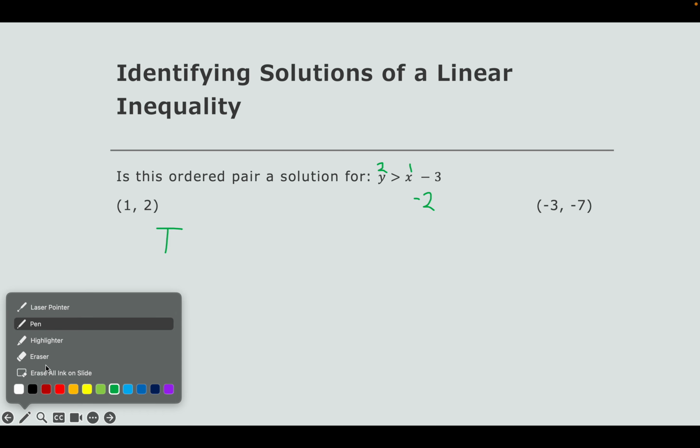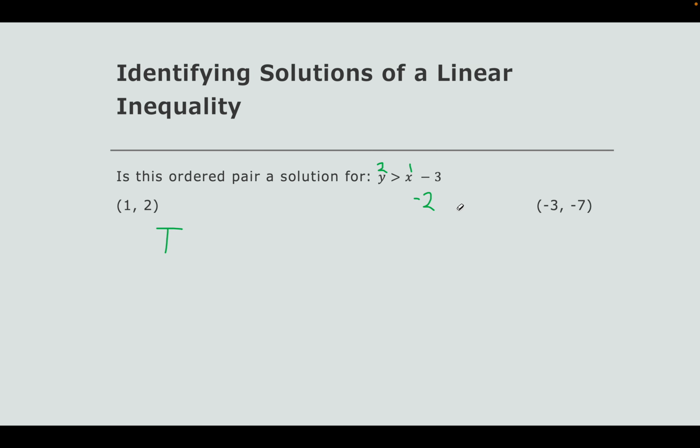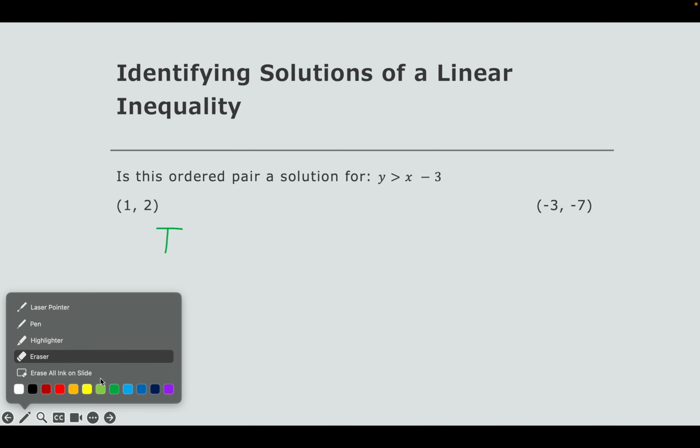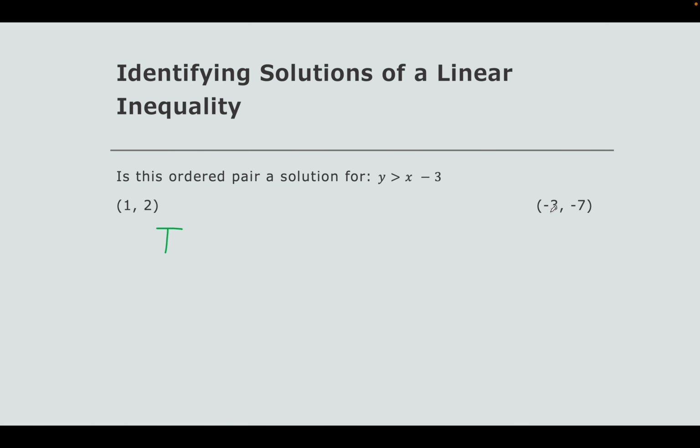Let's do one more. -3, -7. If I plop in -3 here, will it stay true when I put in a -7 over here? What is -3 minus 3?